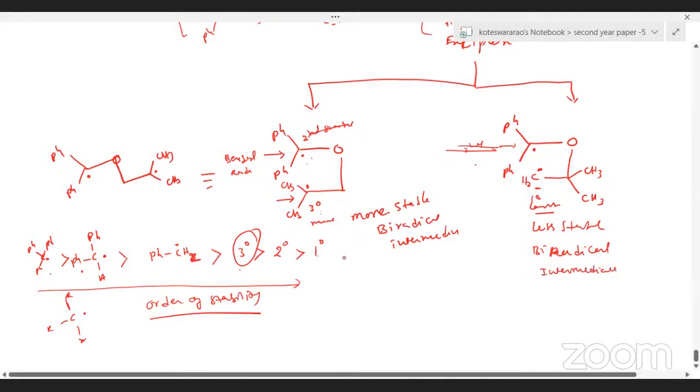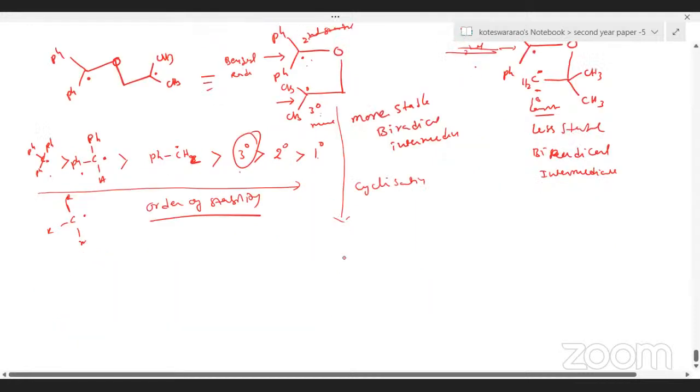Now, in the next step, it undergoes cyclization, which leads to the formation of an oxetane derivative, with Ph, Ph, and CH3, CH. This also undergoes cyclization, but a smaller amount of product is generated.